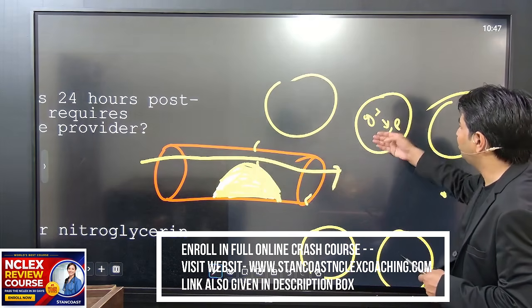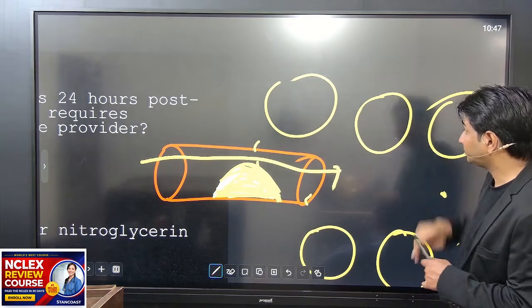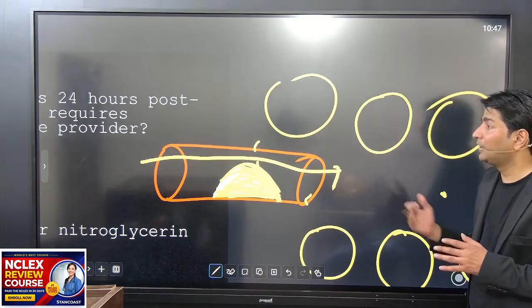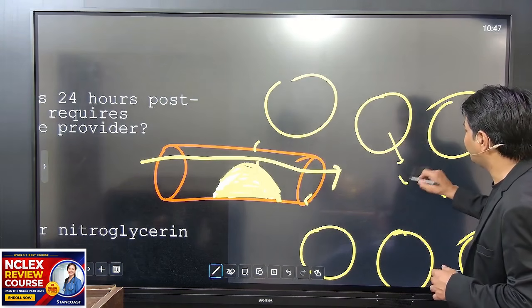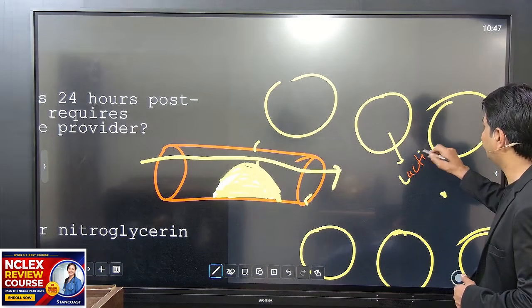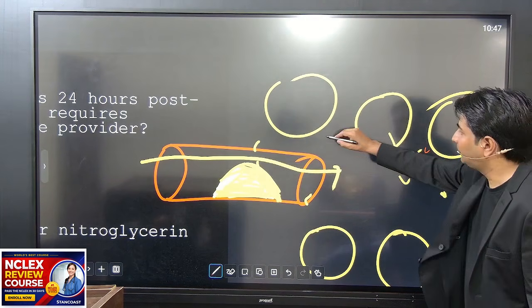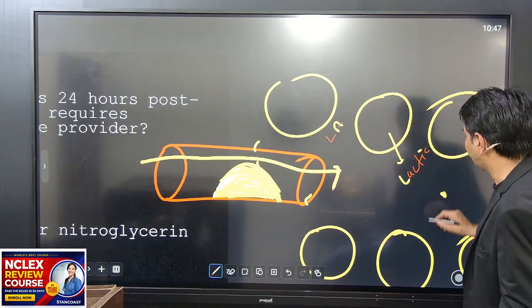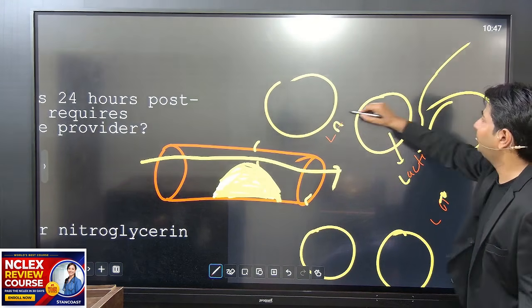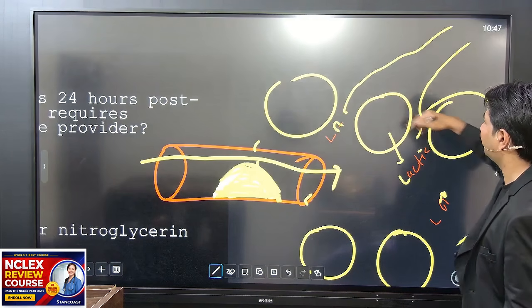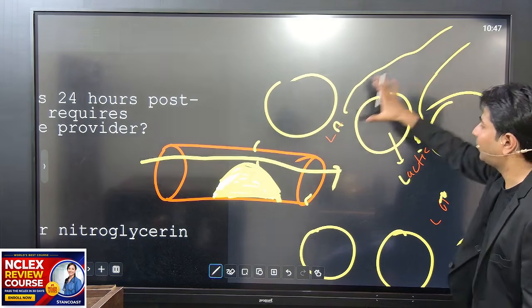If less oxygen comes, it means oxygen will not bind with glucose. If it doesn't bind, anaerobic metabolism starts. So because of that, lactic acid will be formed, and this lactic acid will come out of the cell. Lactic acid will be formed here too, and here as well. This lactic acid will then irritate the nerves. It will irritate this nerve. And if the nerve is irritated, it means there will be pain here.